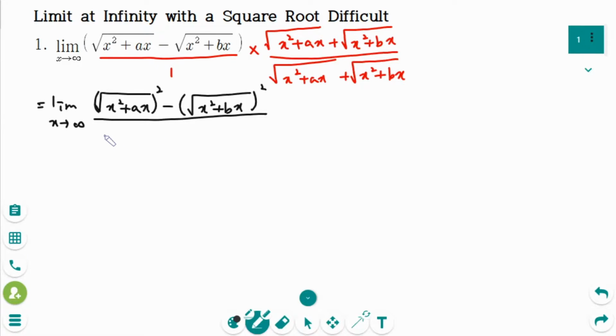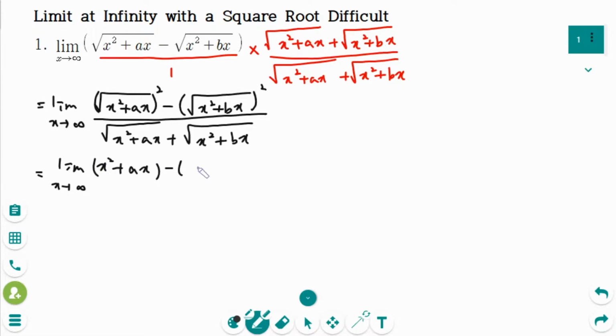Over, then this one will be x squared plus ax minus x squared plus bx over square root of x squared plus ax plus square root of x squared plus bx.